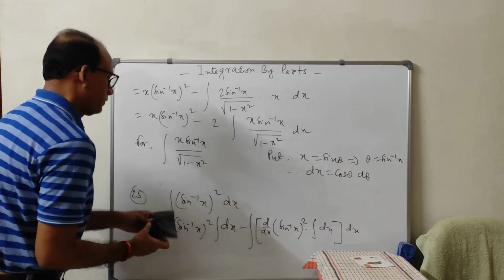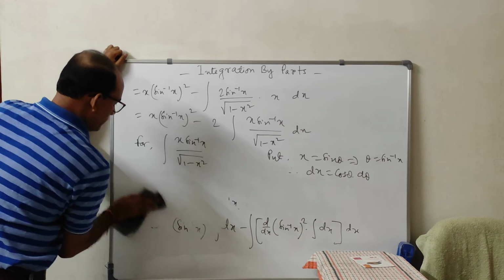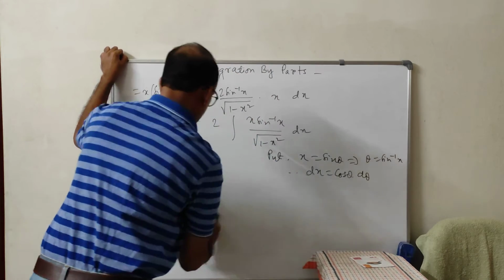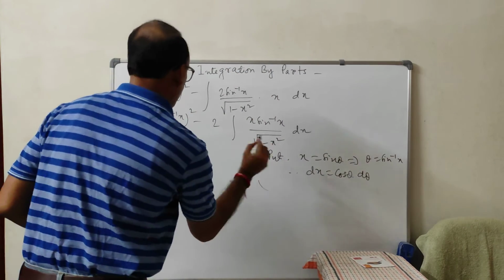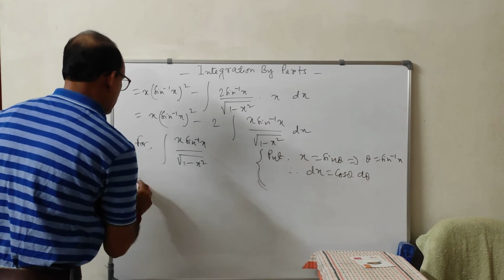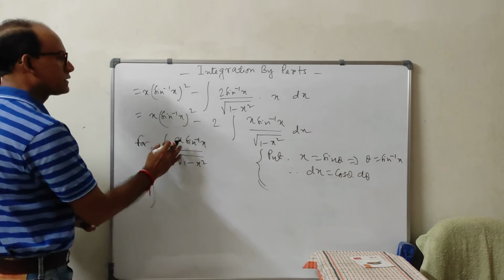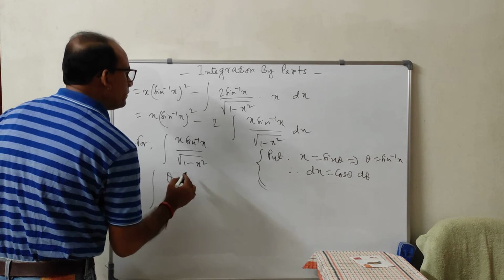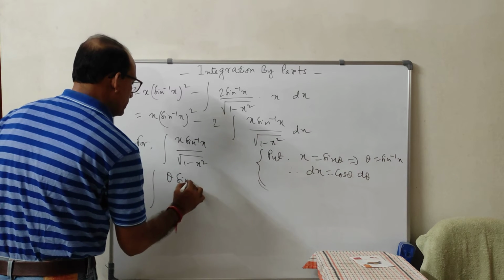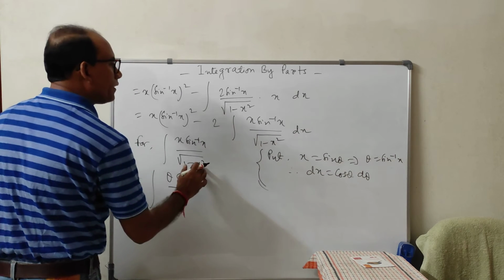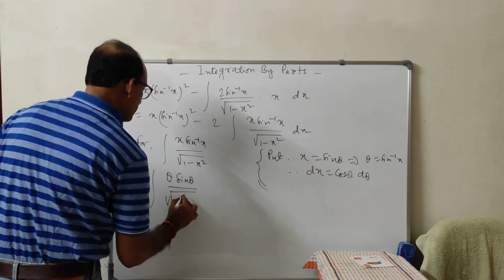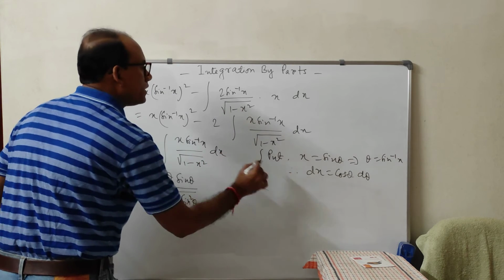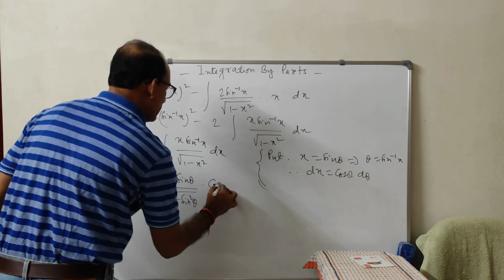Okay, so x is sin theta, and sin inverse x is theta. Theta sin theta by root over of 1 minus sin square theta, and dx is cos theta d theta.